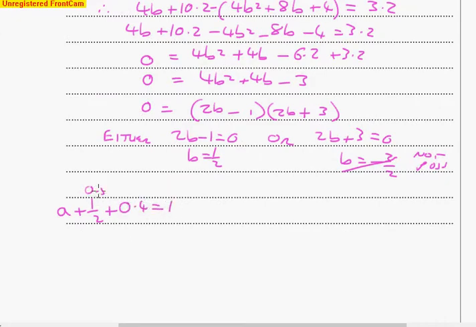That's 0.5. A equals 0.1. We have, just to make my answer clear, A equals 0.1 and B equals 0.5. And that's that.